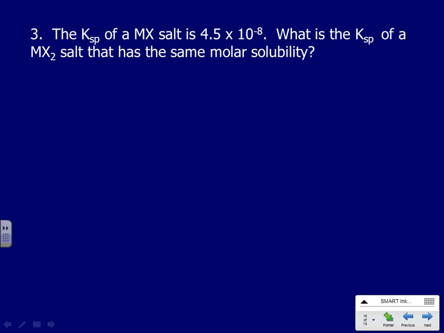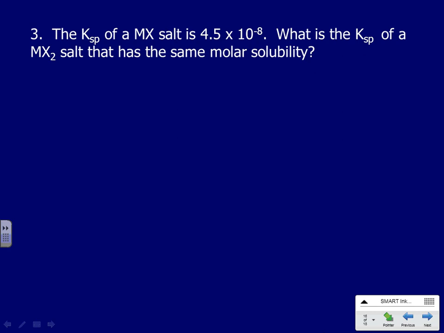What would you like to do with this? Or what can we do to begin with? Yeah, Tyson, what do you got? Yep, solve for the solubility.